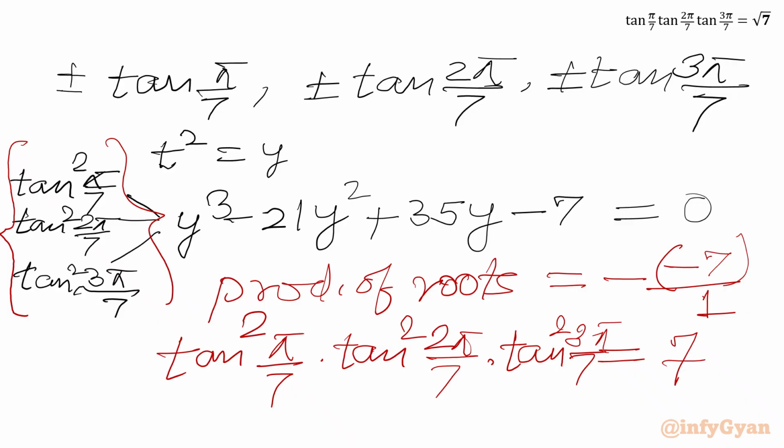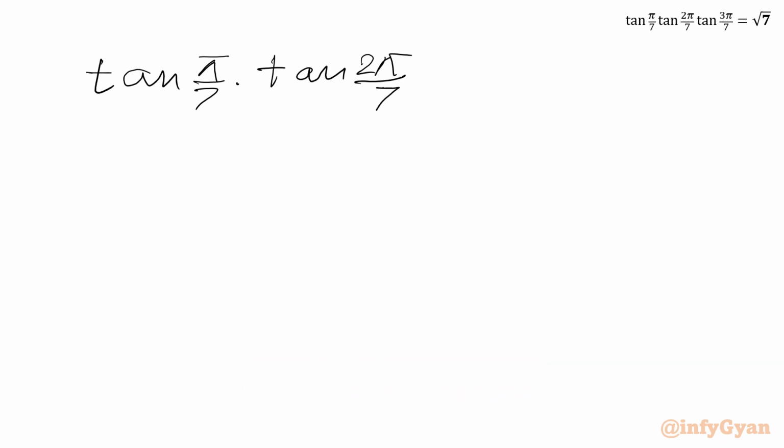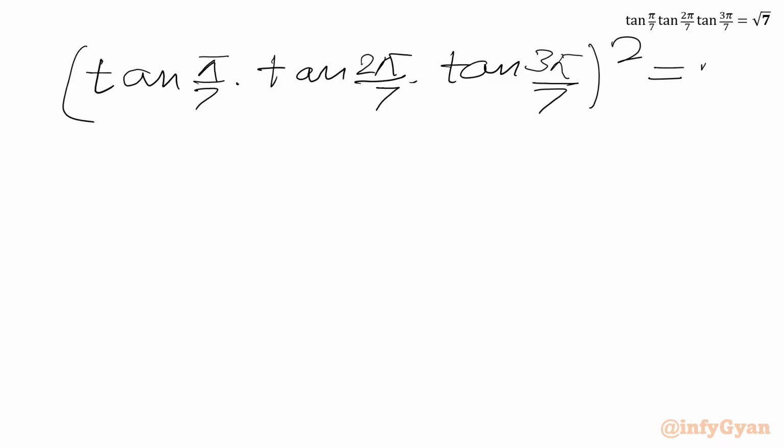Now I will consider the whole square in LHS. So I can write tan pi over 7 times tan 2 pi over 7 times tan 3 pi over 7, whole square. This is equal to 7.